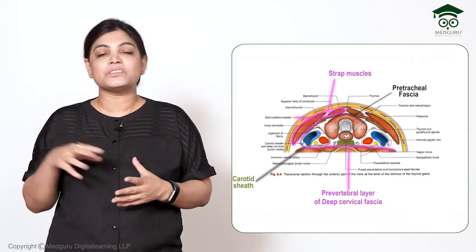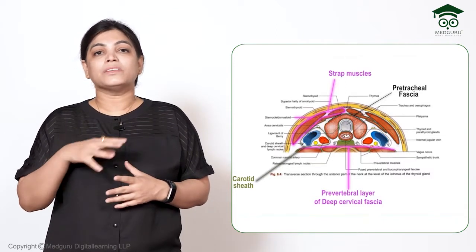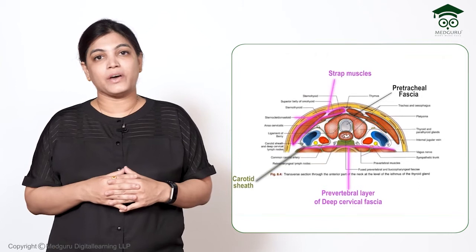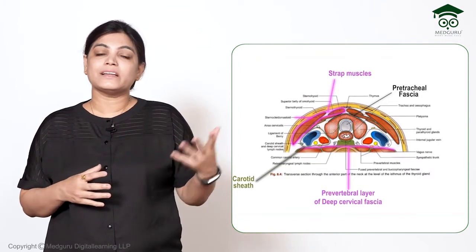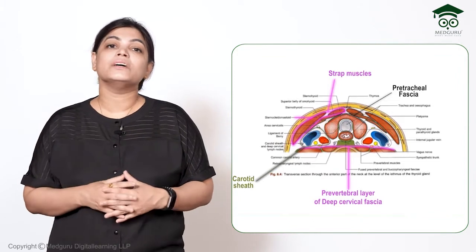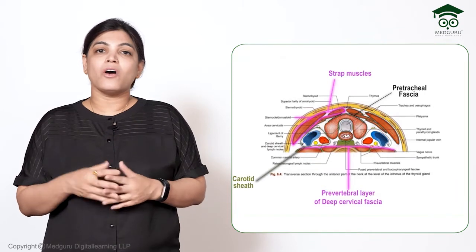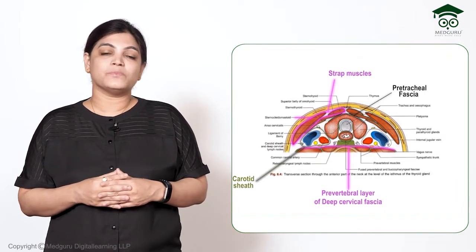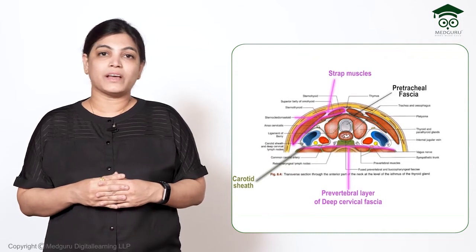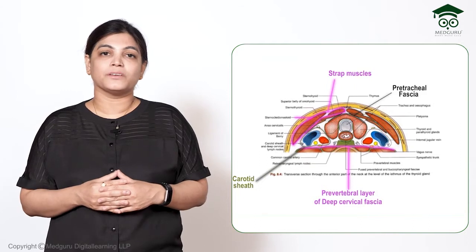These three sheaths are extensions of deep cervical fascia and are in close relation with the thyroid gland.